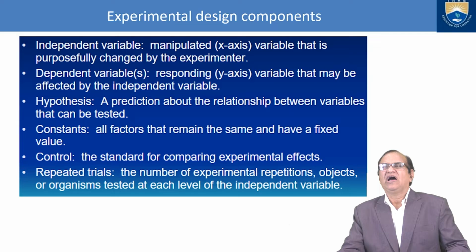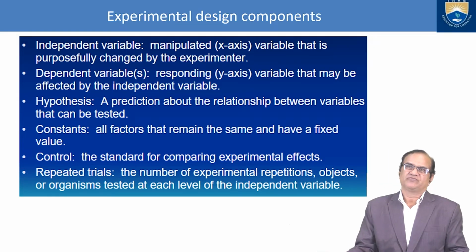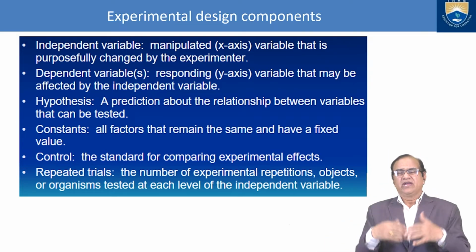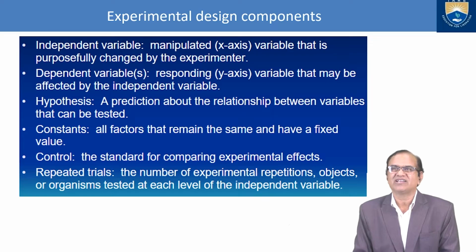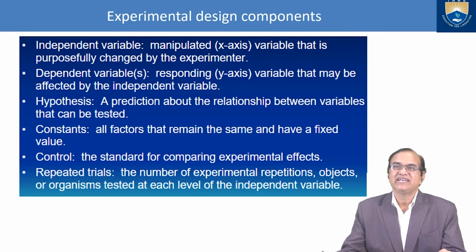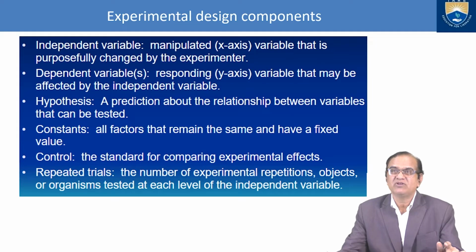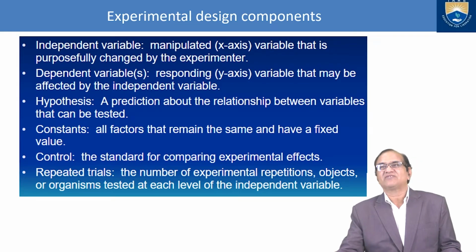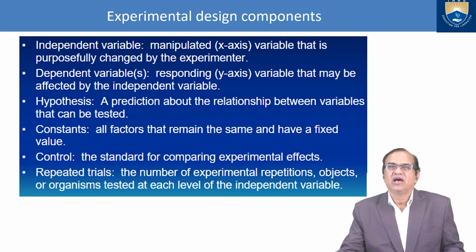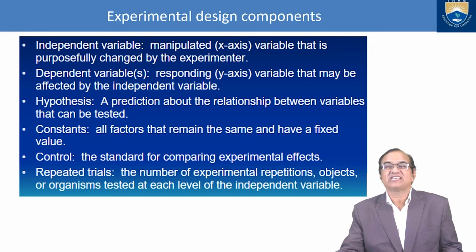Experimental design components. In this, what are the components required for the experimental design? We need an independent variable. If you want to do some experimental work, you need some independent variable. So what is this variable? The manipulated X variable that is purposefully changed by the experimenter.